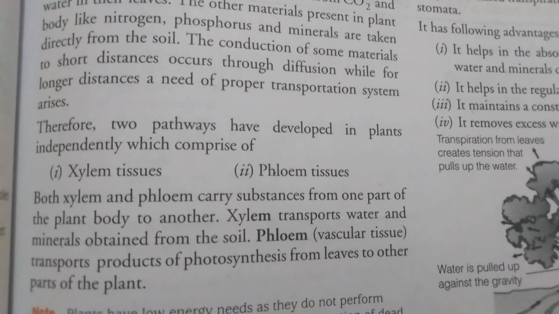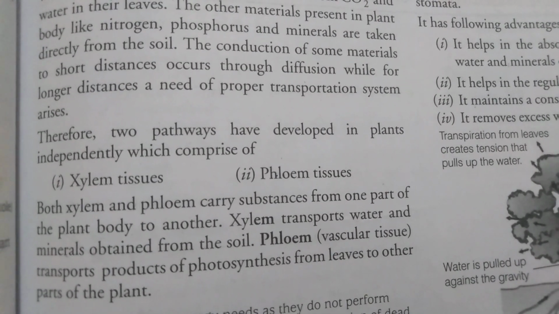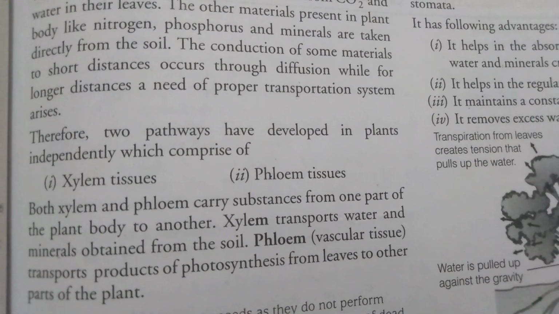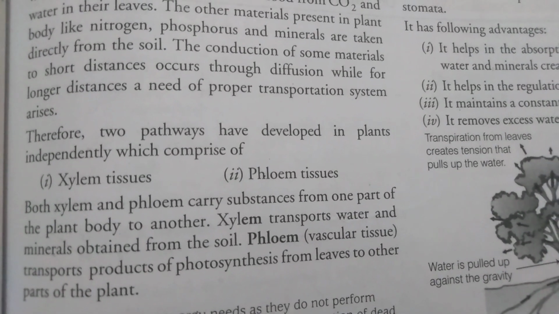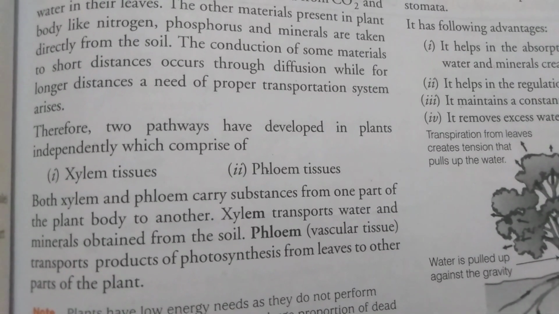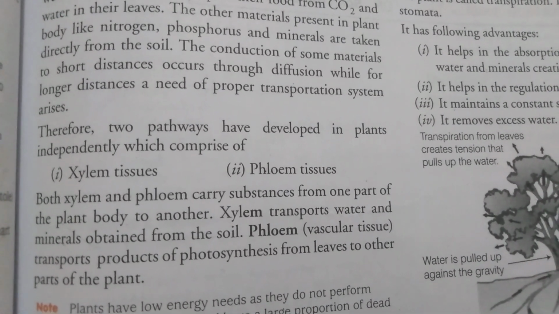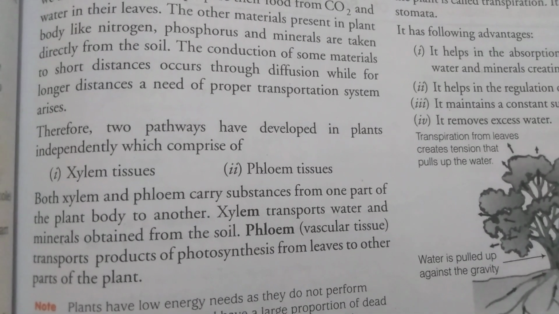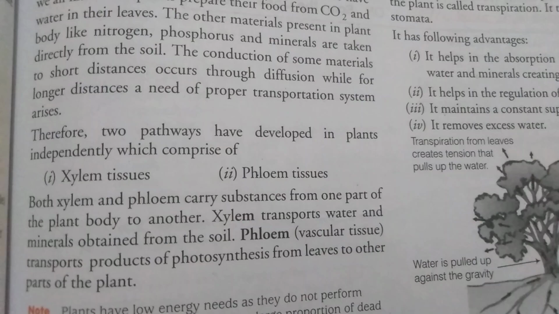First I am telling about xylem. Xylem is the conducting tissue which moves water and minerals from the root to the leaves. And what is phloem? Phloem's work is that the food, after preparation, is transported by the phloem tissues.